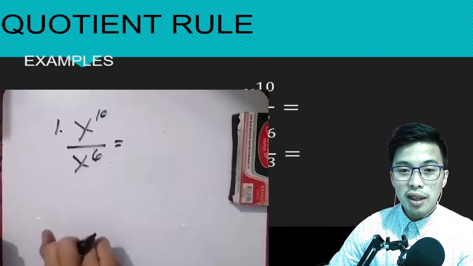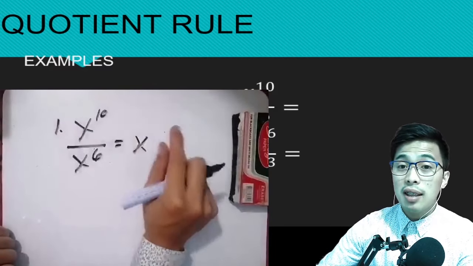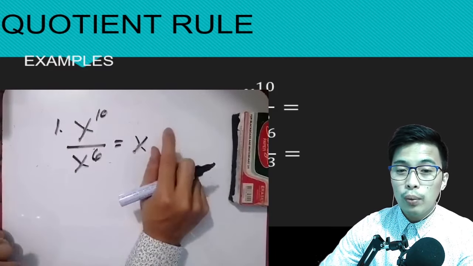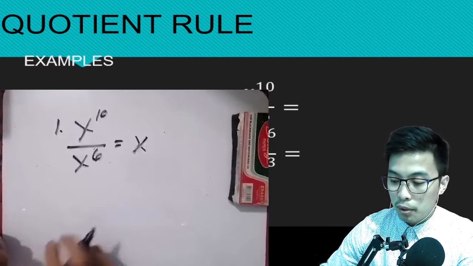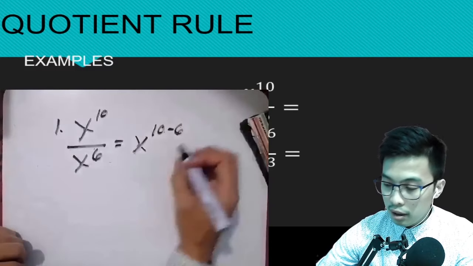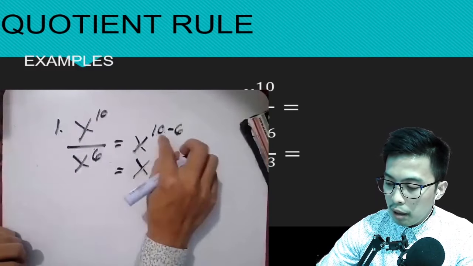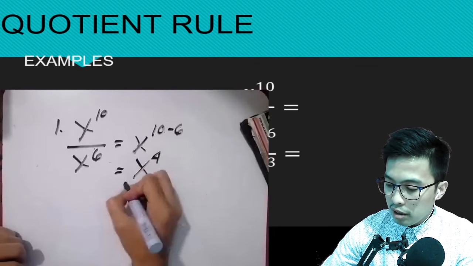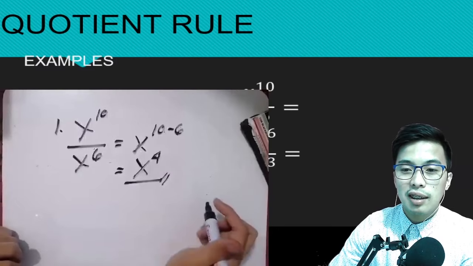So in here, in quotient rule, we copy the base, but at this time, we will no longer add the exponent. Rather, we will subtract the exponent. So that is 10 minus 6. Our final answer will be, copy the base, 10 minus 6, that is x raised to the power of 4. Okay? Ganun lang siya din kadali.